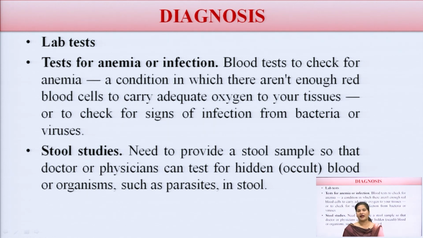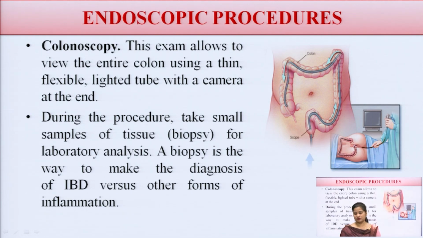These are some lab tests for the diagnosis of ulcerative colitis. These are the tests for anemia or infections. There is a study of the stools. Whenever a person has blood in the stools, they are checked with some kind of lab test. Now, colonoscopy is used to detect inflammation in part of the colon. A camera is inserted through the anal part, and this is used for the colonoscopy.